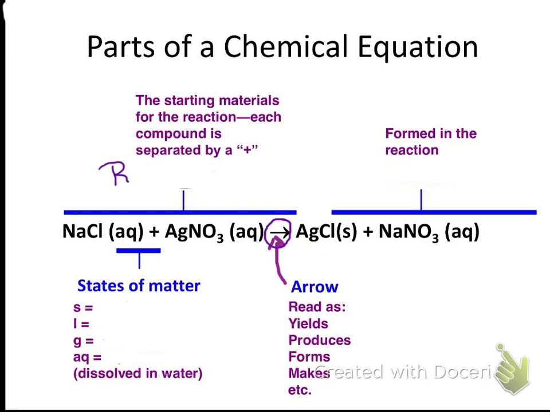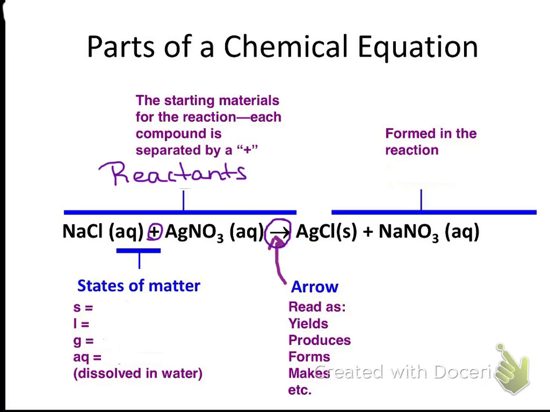We call them the reactants. So anything on the left side of the arrow is a reactant, and each individual element or compound is divided by a plus sign. Okay, so that means that NaCl is one thing, AgNO3 is another thing. Those two things are going to combine.